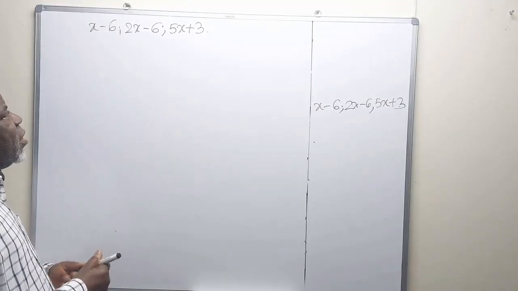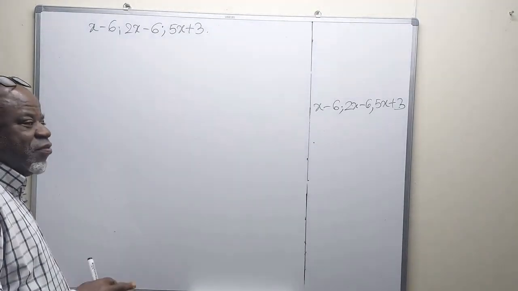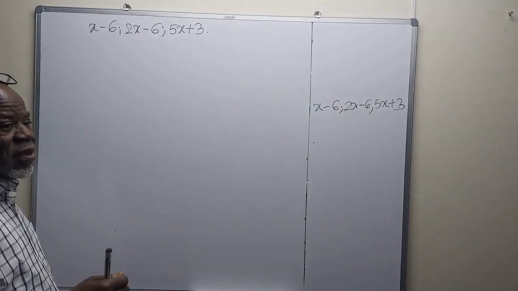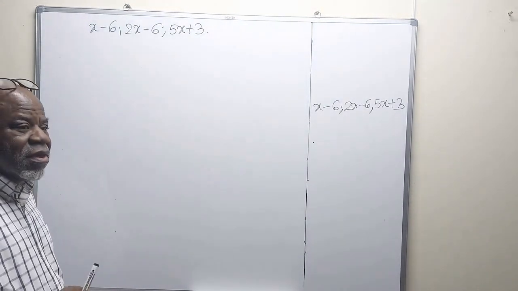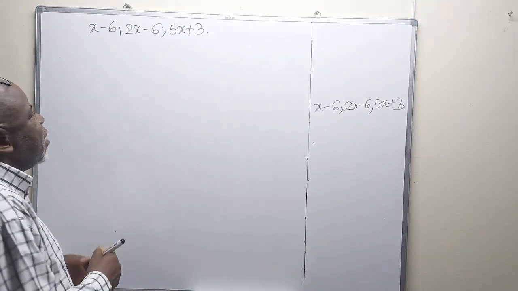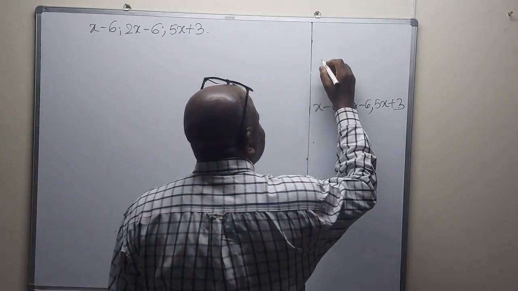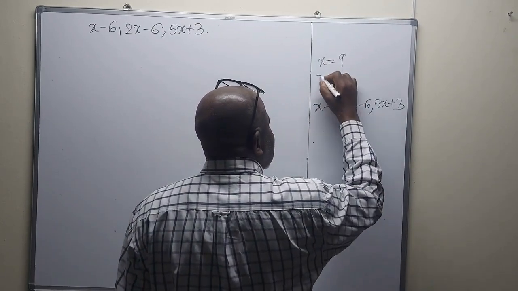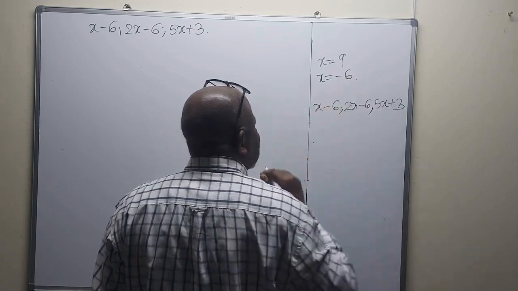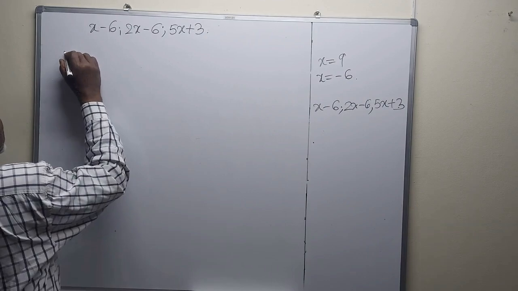Okay, the second question said if x is equal to −6, state the first 3 terms of the sequence and the nth term. We got x equal to 9 and x equal to −6, and for question 2, x is equal to −6.